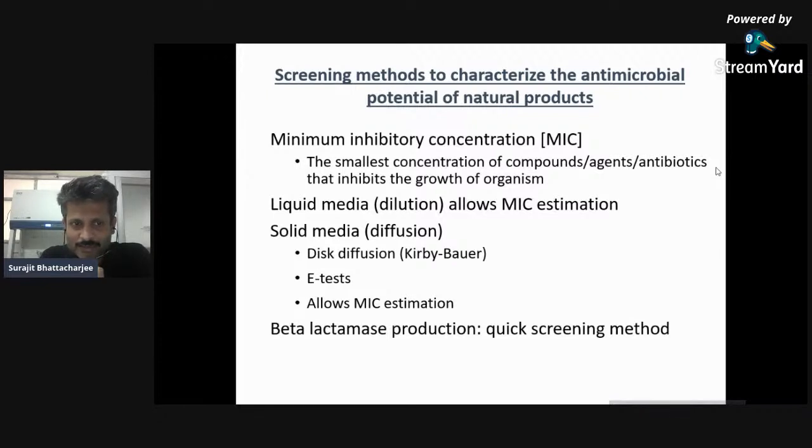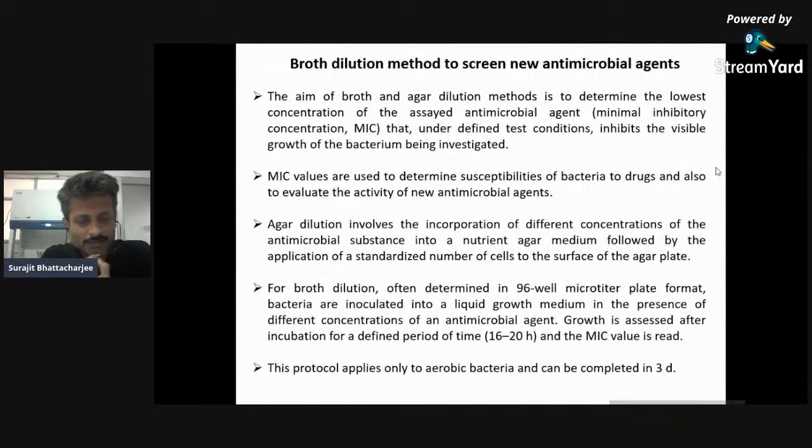The MIC can be determined using the liquid or broth dilution method, or the solid media diffusion method, or the E-test. All of these tests allow us to determine the MIC. In addition, for quick screening, we can use beta lactamase production to screen the antimicrobial potential of natural products.